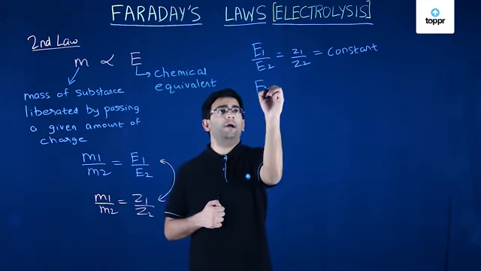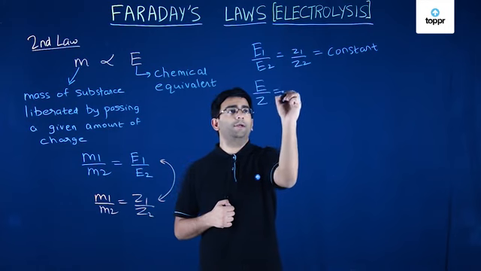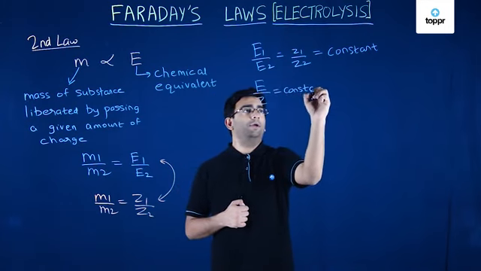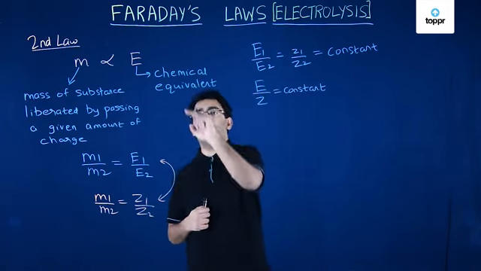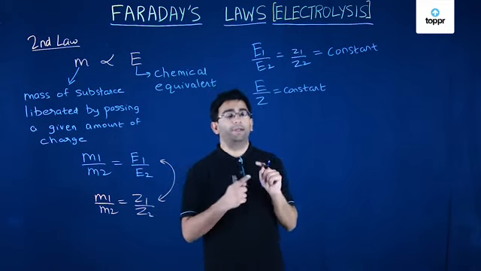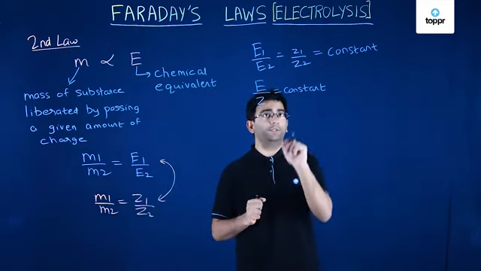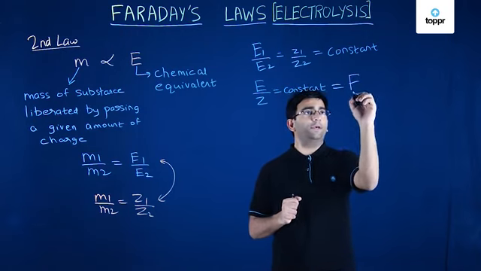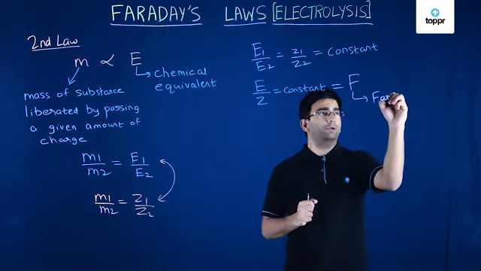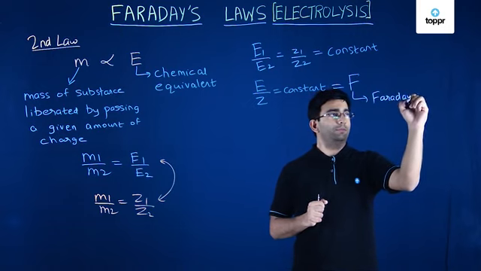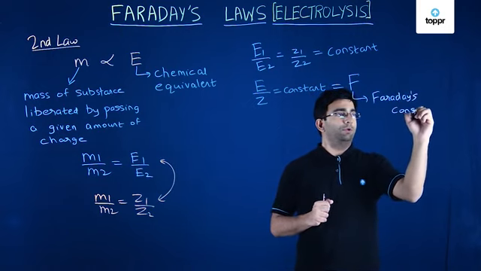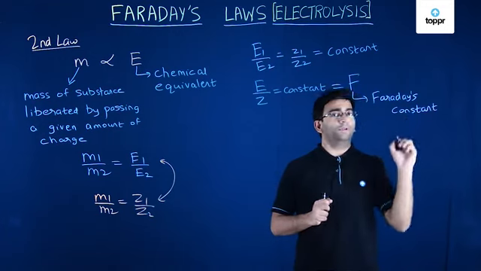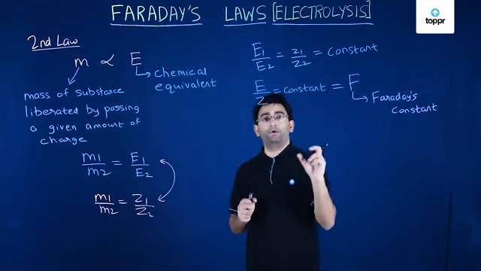So we can say that the ratio E by Z is always a constant, where E represents the chemical equivalent and Z represents the electrochemical equivalent of the substance, and this value is called F, the Faraday's constant. This is a universal constant and it has the value of a charge.